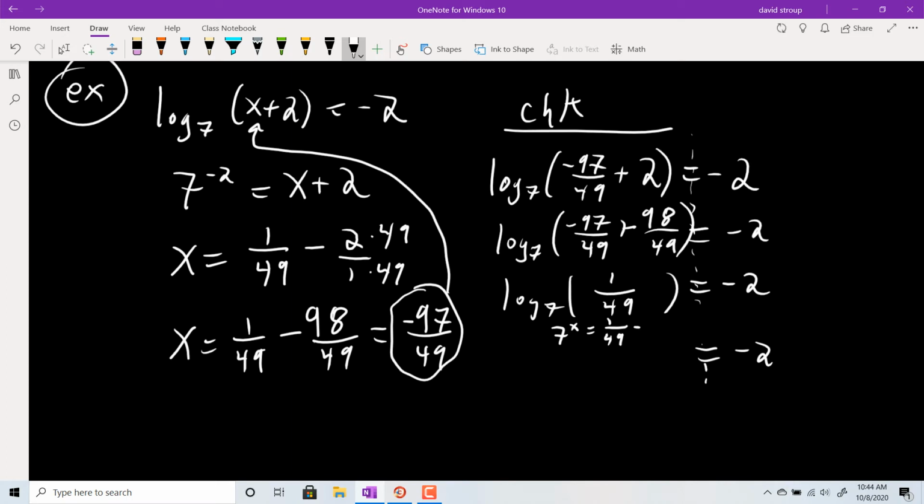And 1 over 49 is 1 over 7 squared, which is 7 to the negative 2. So 7 to the negative 2 is 1 over 49, so that must be negative 2. And it's a true statement, so therefore that is the answer. Okay, so x equals negative 97 over 49 is the answer.